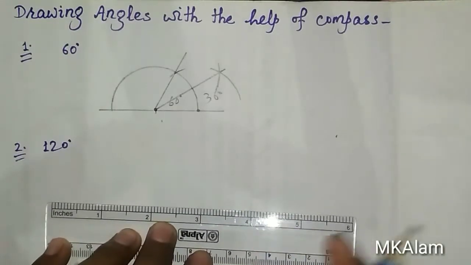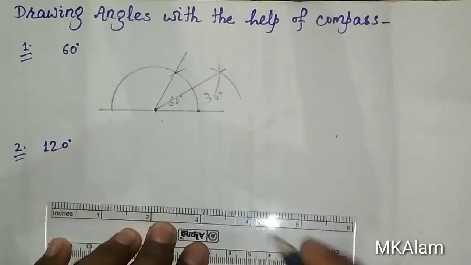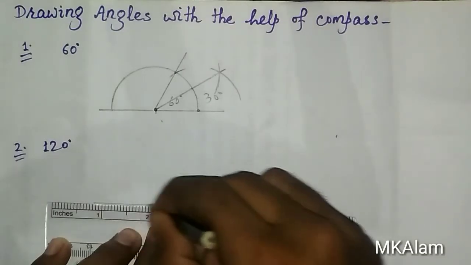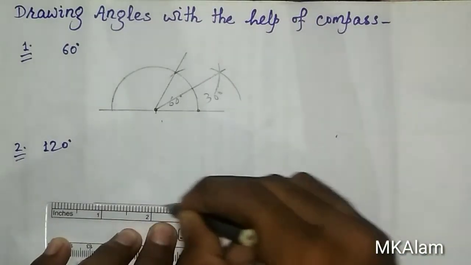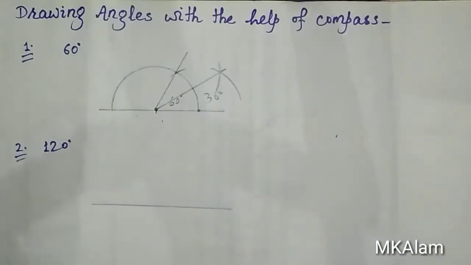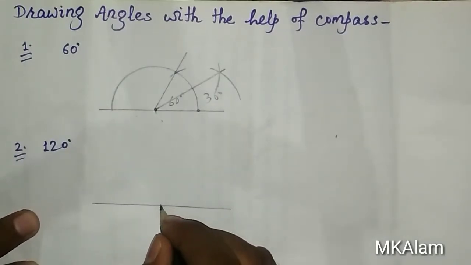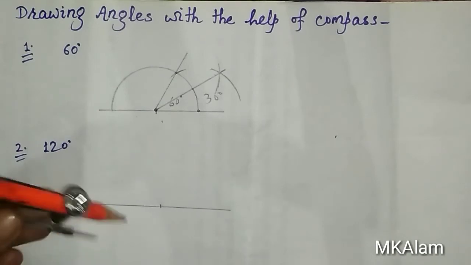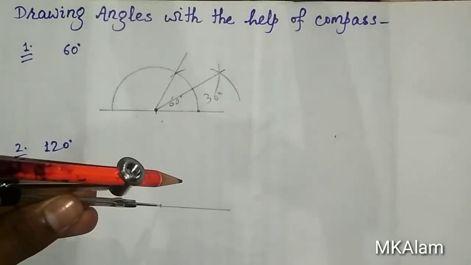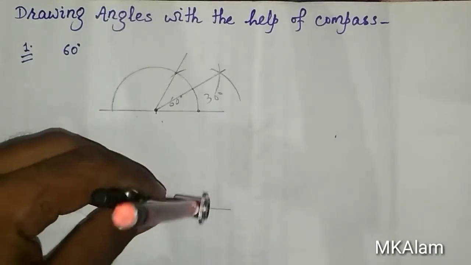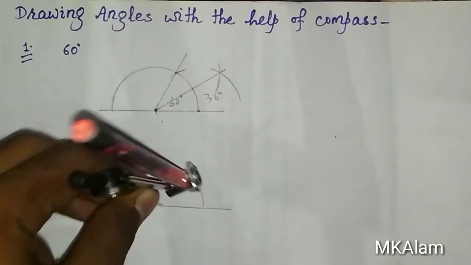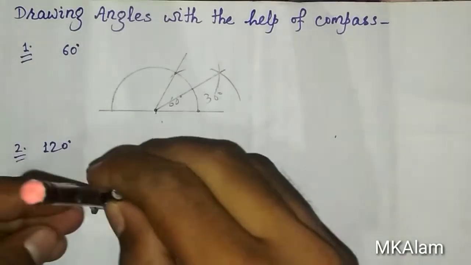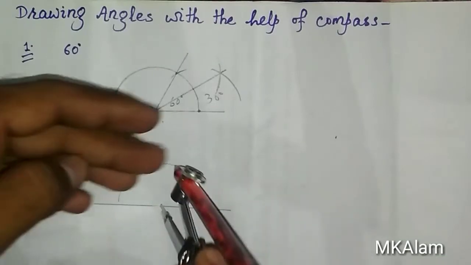Now you will take your ruler and draw a line simply, and you will take a point on this line, take your compass and put your needle on this point, and after this you will draw a semicircle.